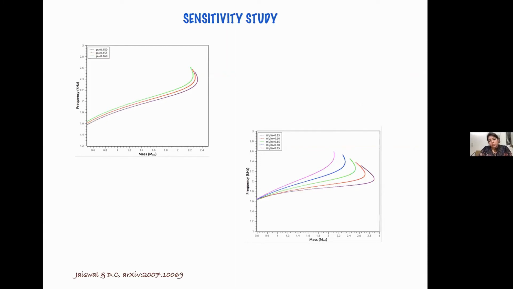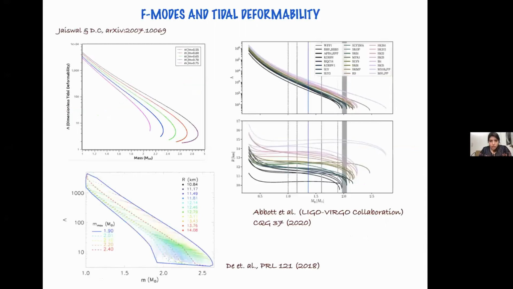But actually the major uncertainty in the frequency-mass relation comes from the effective nucleon mass, or the in-medium nucleon mass. So we wanted to probe how this would affect the other observables related with f modes.